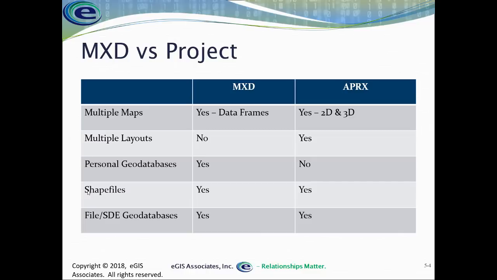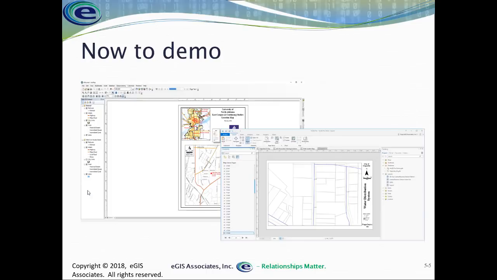So if you have any MXDs that reference back to a personal geodatabase, if you try to import those into ArcGIS Pro, you might run into some problems. Both of them support shapefiles as well as file geodatabases and SDE geodatabases. So you shouldn't have any problem if you use those when you import that MXD from ArcMap into ArcGIS Pro.